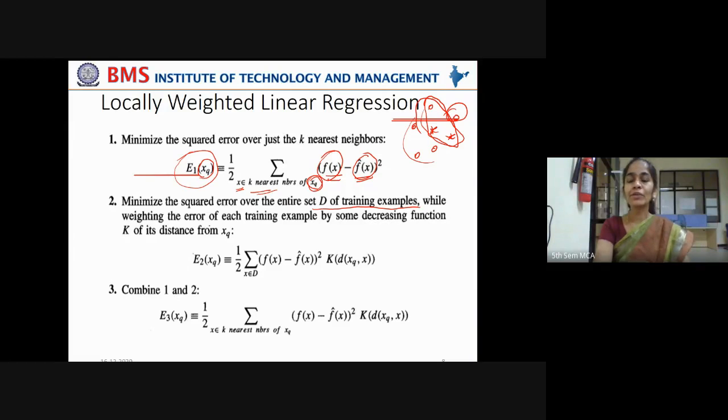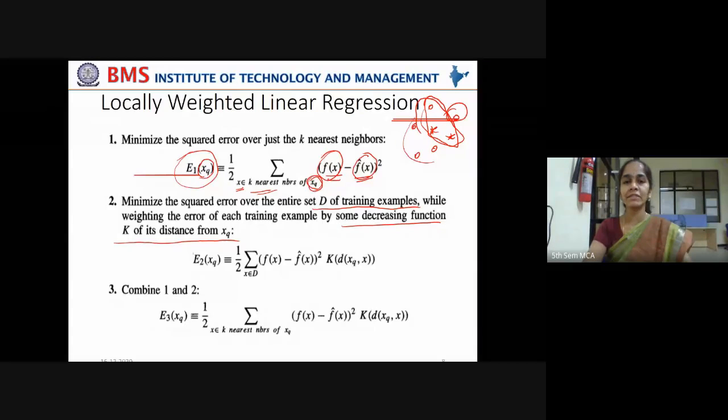Adding weights to the error of each training example by some decreasing function k of its distance from x cube. In that case, how can we write the error estimate? We can write it as 1 by 2 sigma x belongs to D. Here we are not taking only k nearest neighbors.